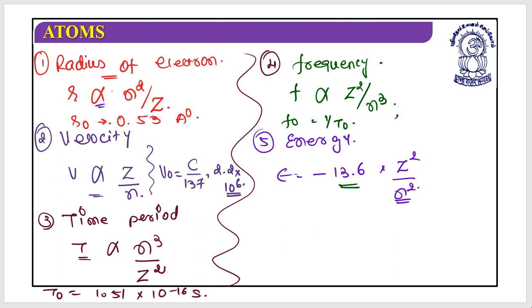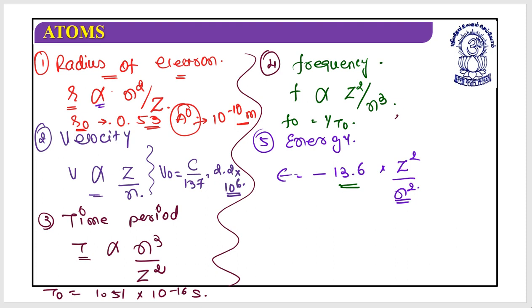The radius of an electron orbiting around the hydrogen atom, we have derived it with respect to Z. That means for any atom, the relation of radius could be given as r directly proportional to n square by Z. If I replace it with r0, then r0 was 0.53 Angstrom. Angstrom stands for 10 to the power minus 10 meter.